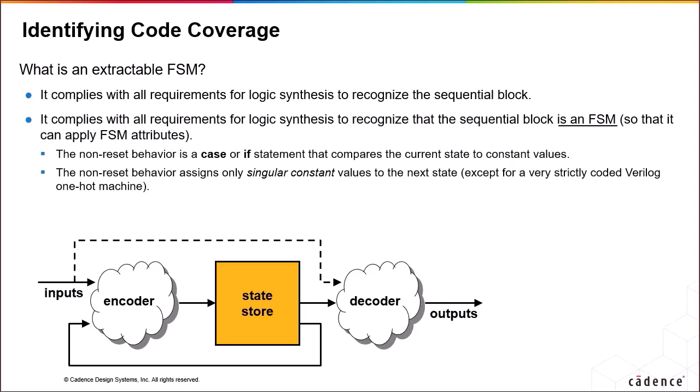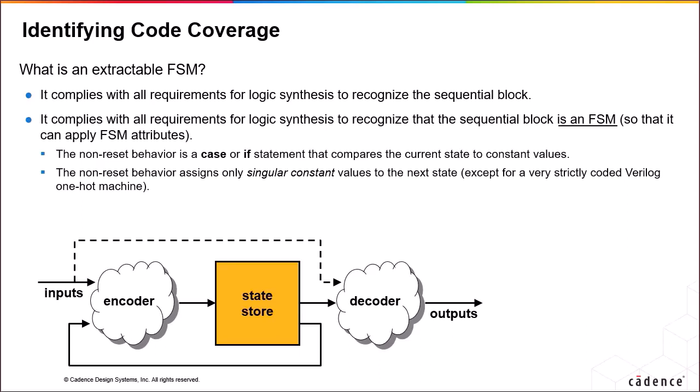The code block that tests the current state, be it the combinational block in the two-block style or the single-block style sequential block, must be a case or if statement that compares the current state to constant values and assigns constant values to the next state.